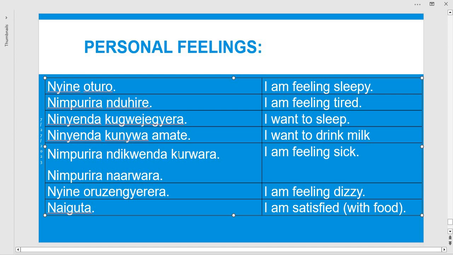Nimpurira ndikwenda kurwara. Nimpurira narwara. I'm feeling sick. Nyinoruzengerera. I'm feeling dizzy. When you're feeling dizzy, you are not feeling yourself. Niguta. I'm satisfied with the food.